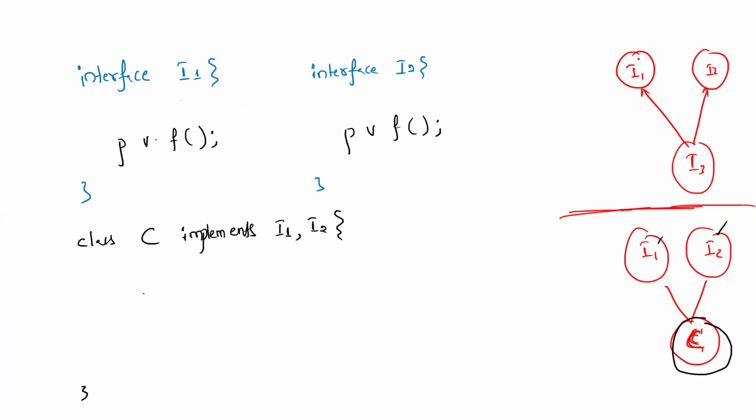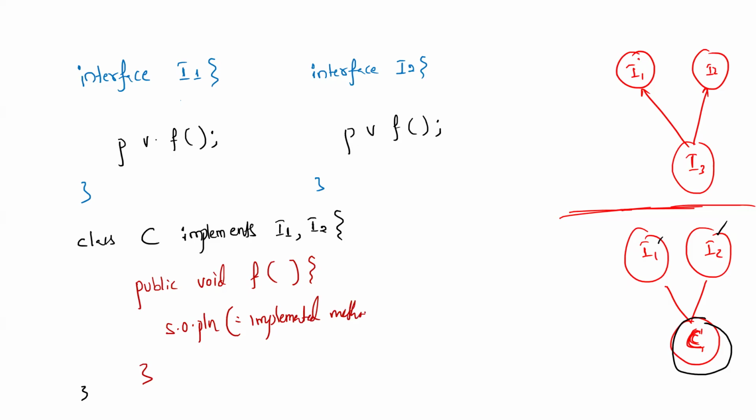Now, class C's responsibility is to give the body for all methods of interfaces. But which is only one method, so same access modifier, then same return type, then same function name, same parameters, then give the body, a sample print statement of System.out.println("Implemented method"); end of double quotes, semicolon.